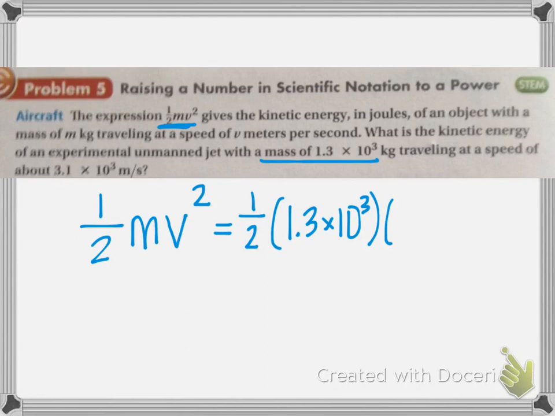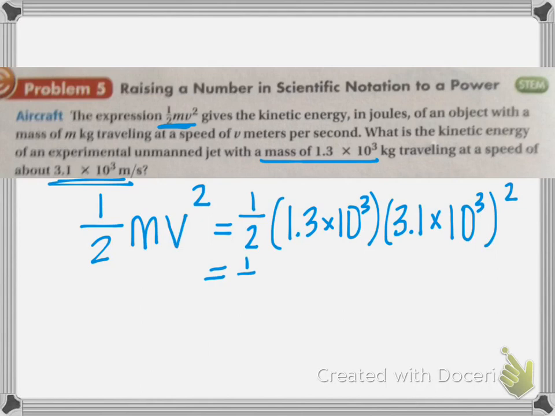V squared, so V is here, 3.1 times 10 to the 3rd squared. And then this part's not really necessary. This part over here is not really necessary anymore. I'm just going to simplify all of this, and I'm going to get my answer.